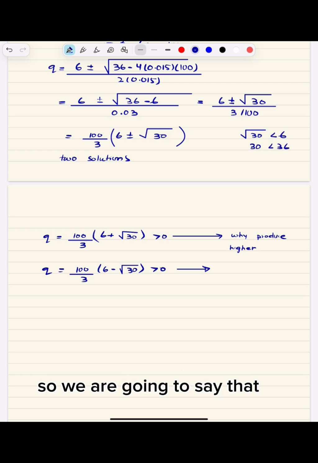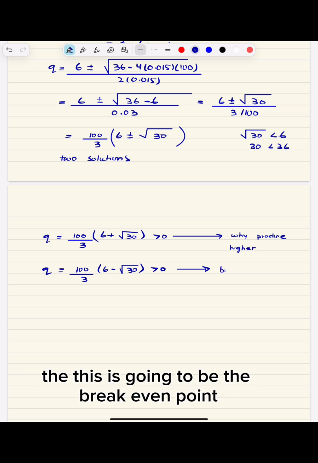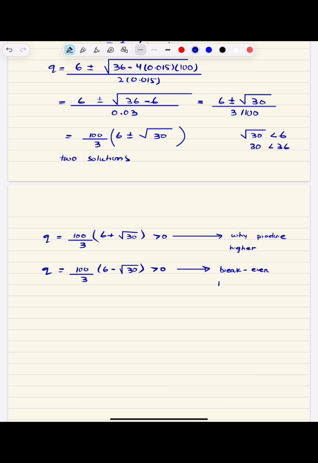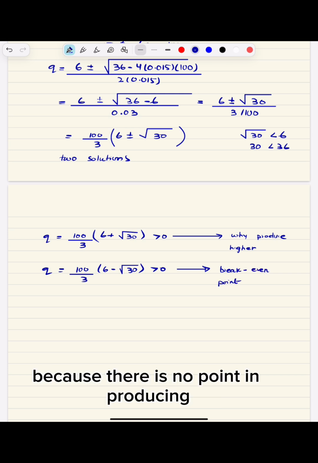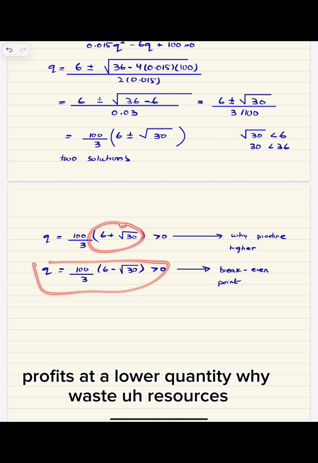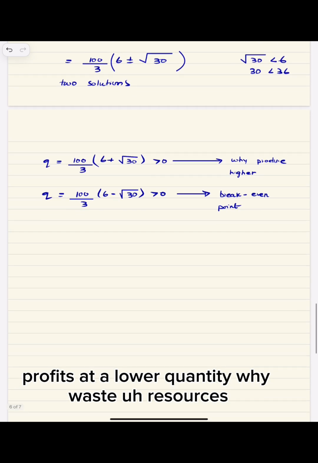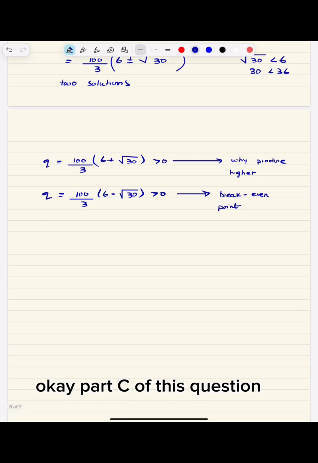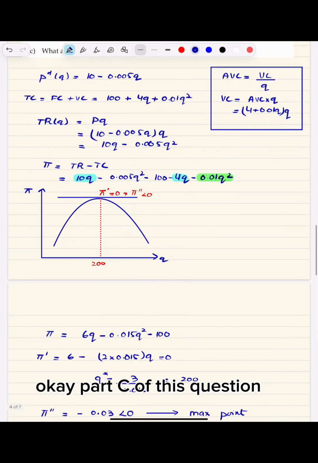So we are going to say that this is going to be the break even point, because there's no point in producing a higher quantity when you can get normal profits at a lower quantity. Why waste resources?